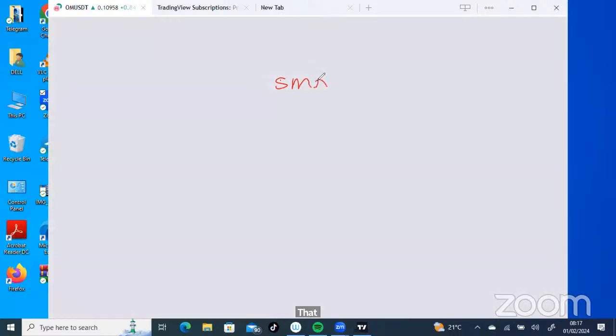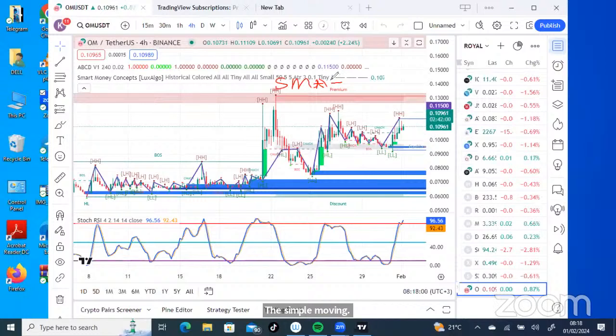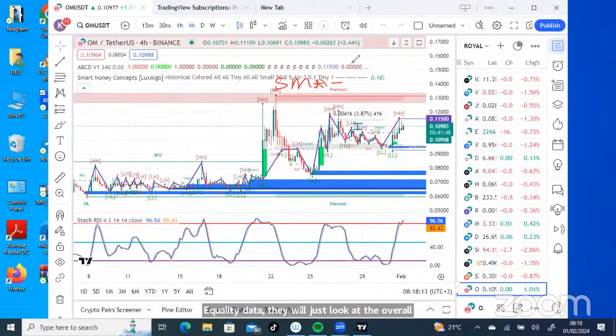So in simple terms, I would be able to say that the simple moving average will always provide equal weight data. They will just look at the overall performance of the whole market.